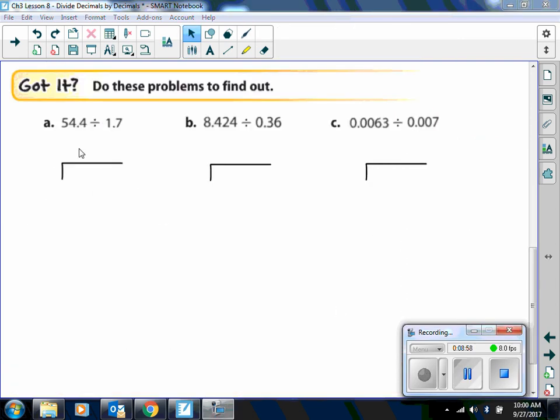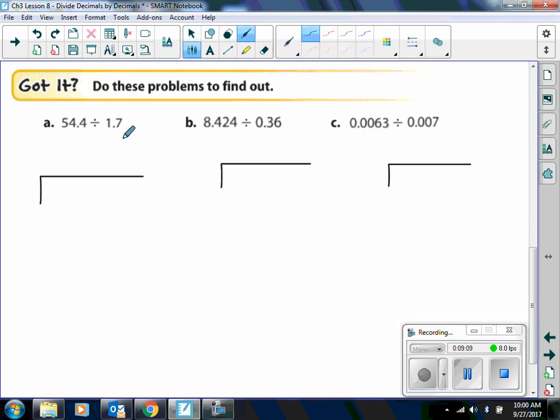All right. So let's do these got it problems. We have 54 4/10ths divided by 1 7/10ths. Okay. So we've got, which one goes inside the house? Which one is the dividend? Very good. 54.4. So that one goes inside.